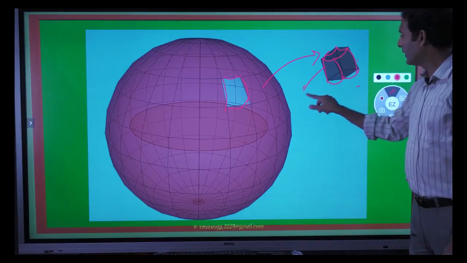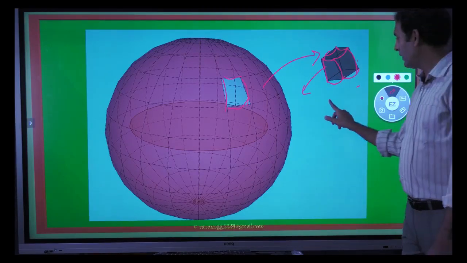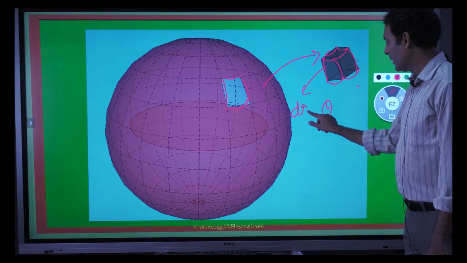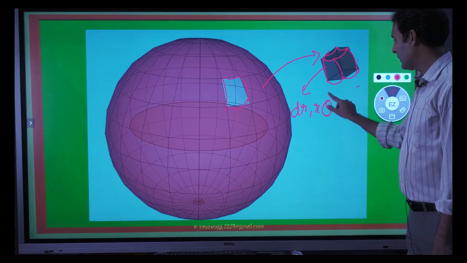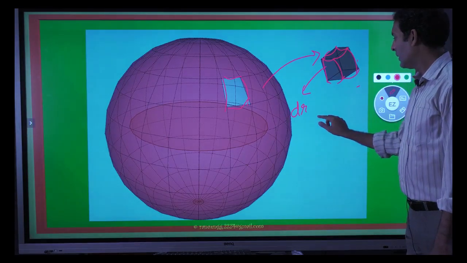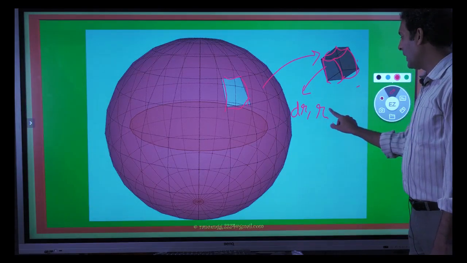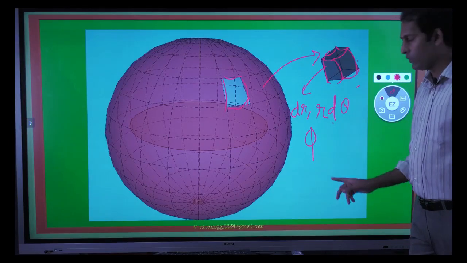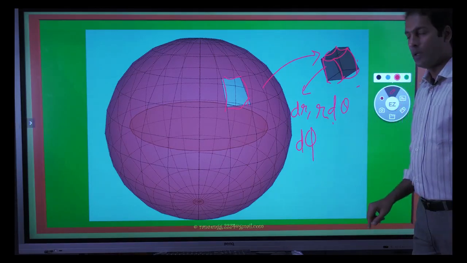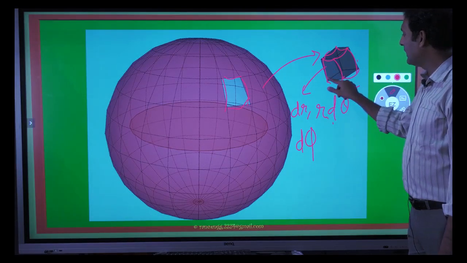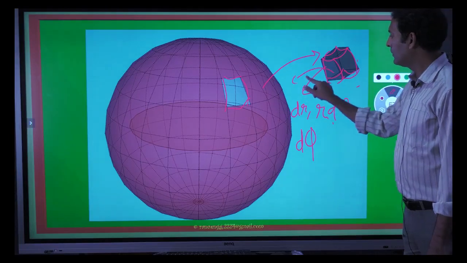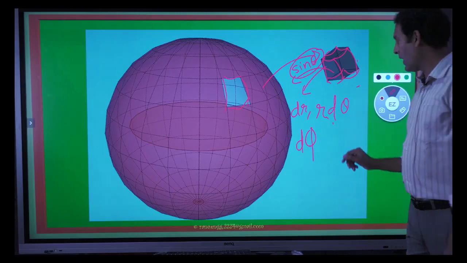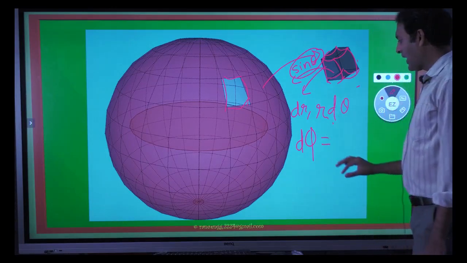Due to these two angles, we have dr, then r d theta, and the third one we want to find is for phi. Phi won't be simply d phi. There we have to attach an additional component which will represent sine theta. So d phi will not be as it is.